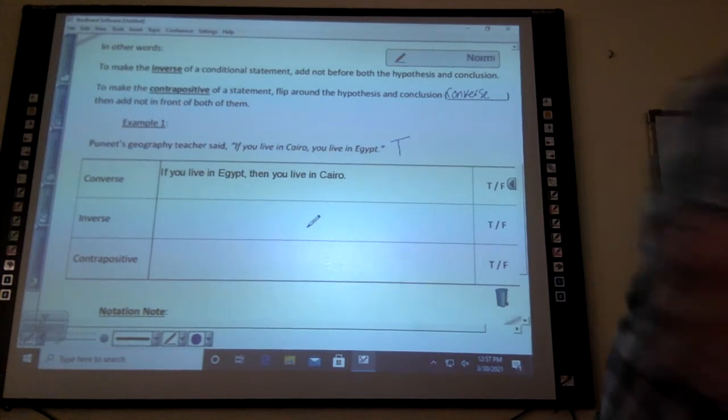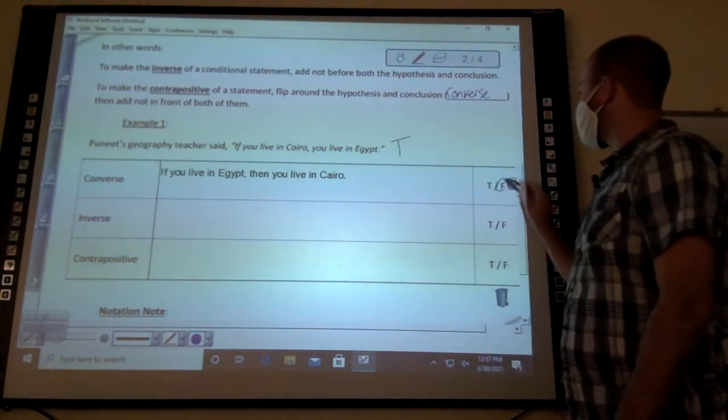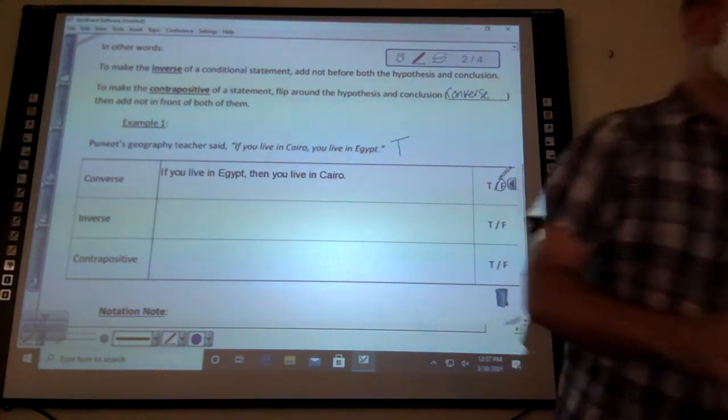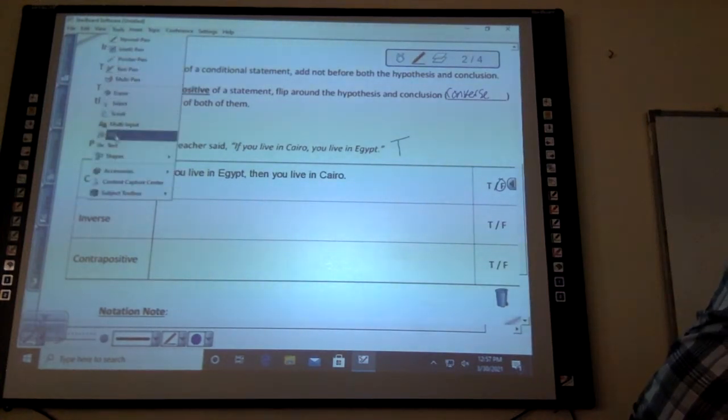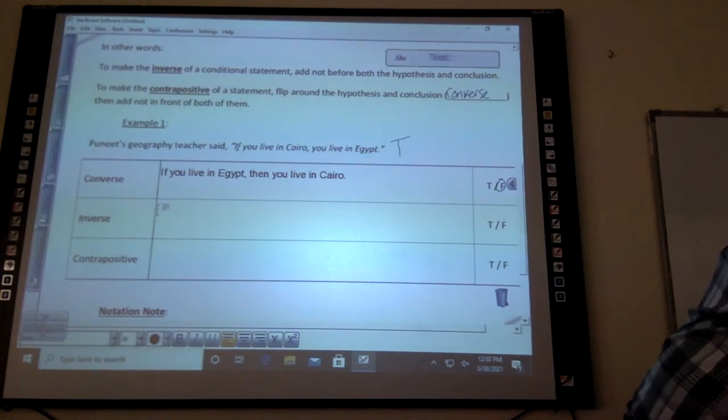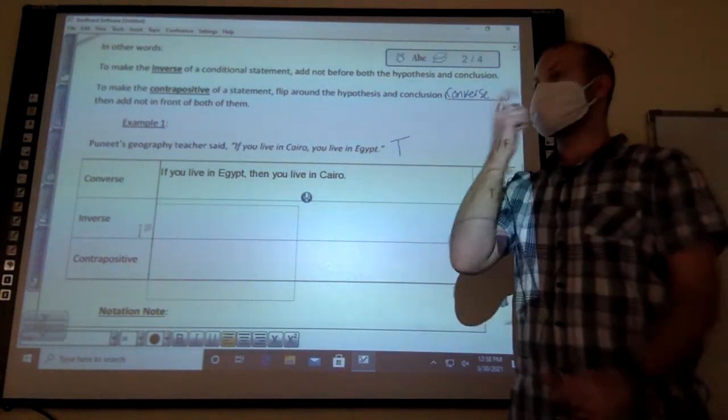Does that make sense with the counterexample? If you can come up with one counterexample, the whole statement is false. You just need one.